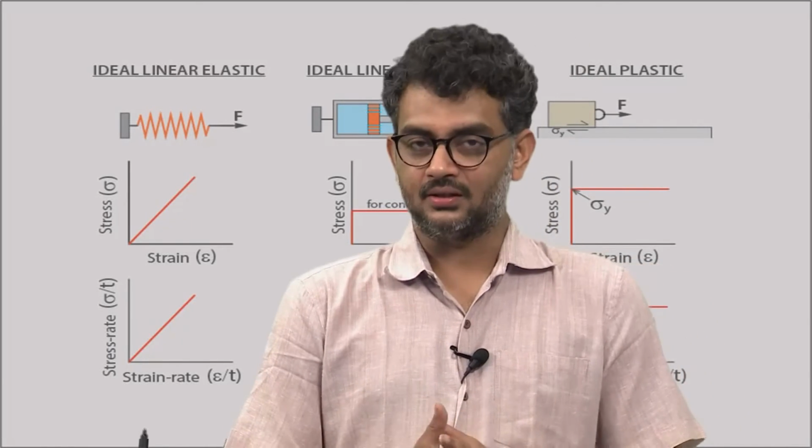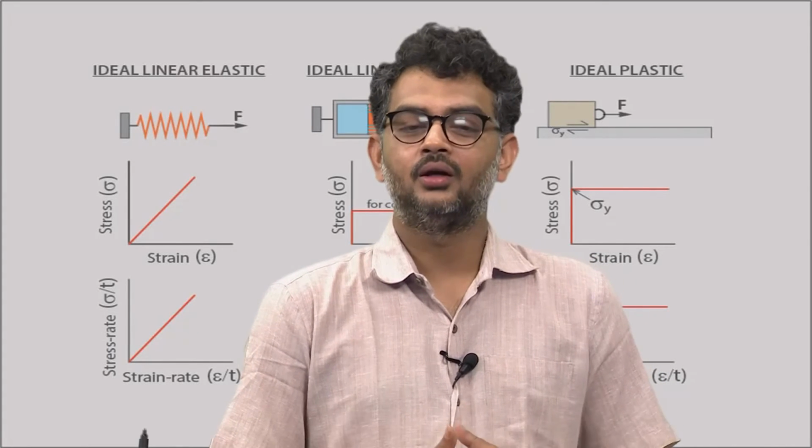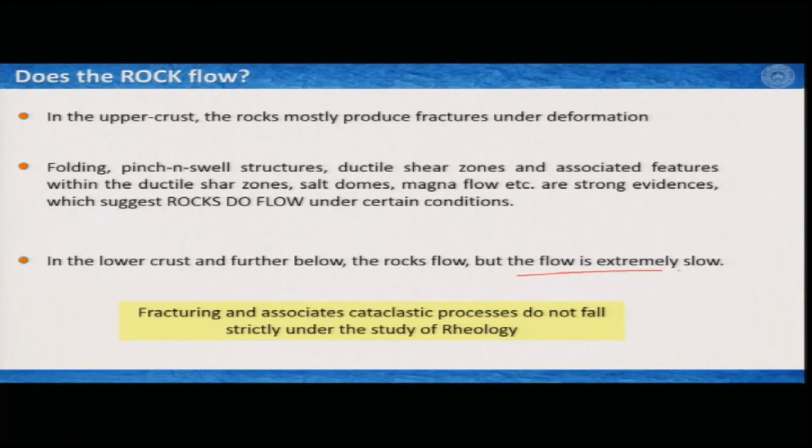These are the evidences that rocks do flow. We don't see it, most likely because the flow is extremely slow. It's so slow that we cannot see it, but it certainly flows. And the evidences are structures that we see like folds, pinch and swell, and so on.